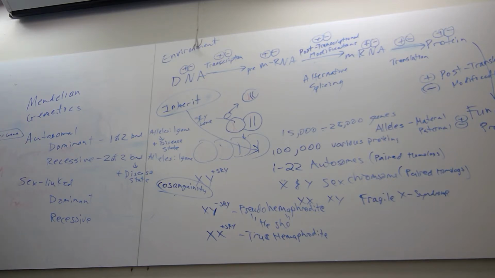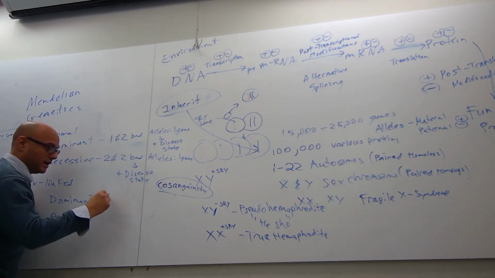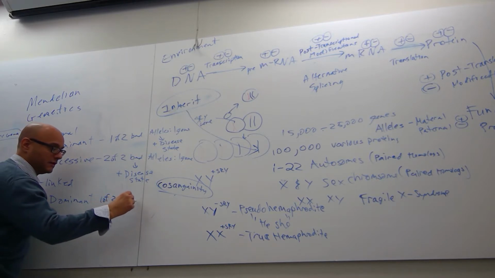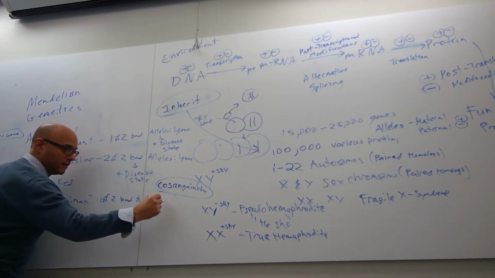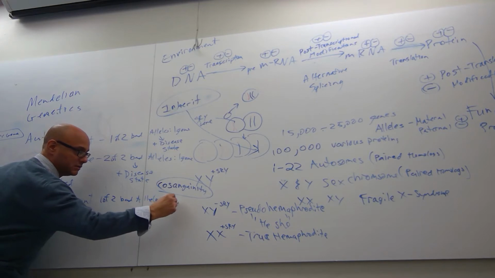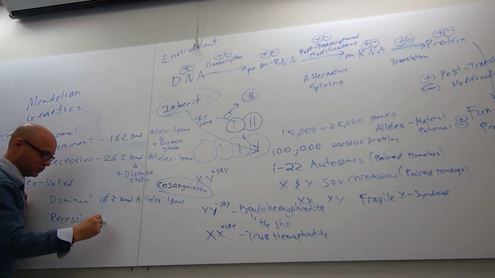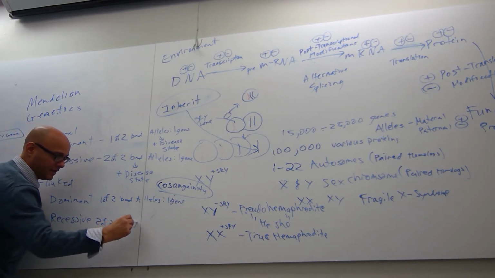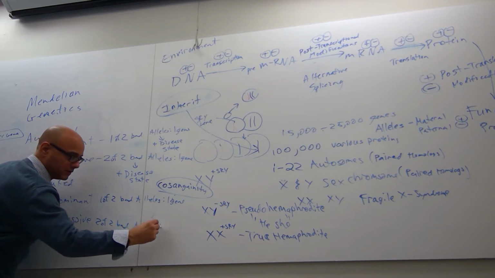So when you're looking at X-linked dominant versus recessive disorders, the idea still stands. Here you got one of two bad alleles in one gene versus two of two bad alleles in one gene.